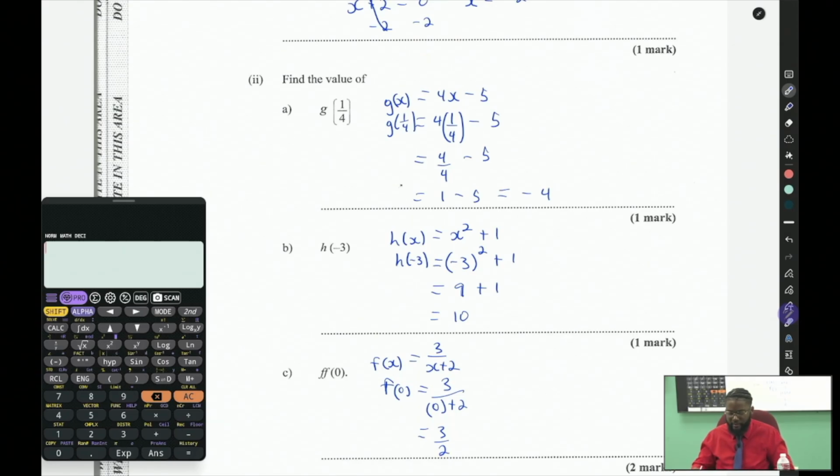So since f of 0 is 3 over 2, we can then substitute that into the next function, f of x. So f of f of 0 will be equal to 3 over 2 plus 2. We're going to go ahead and work that out.